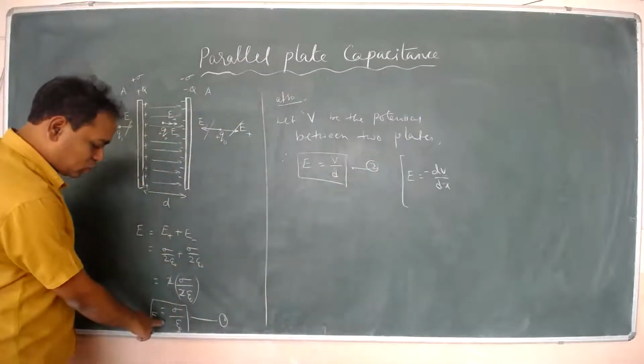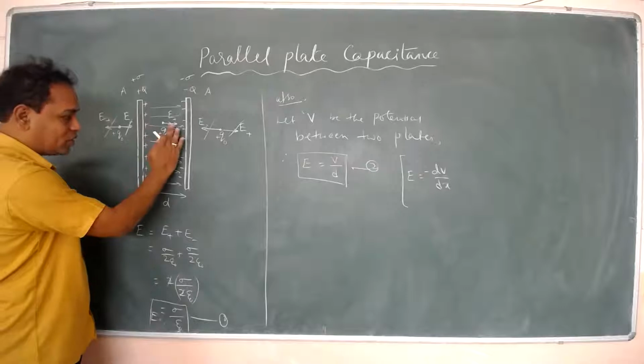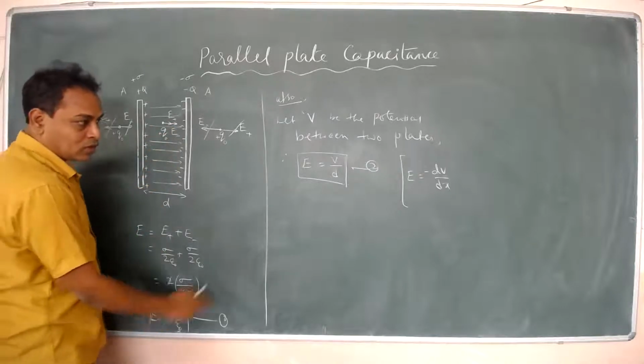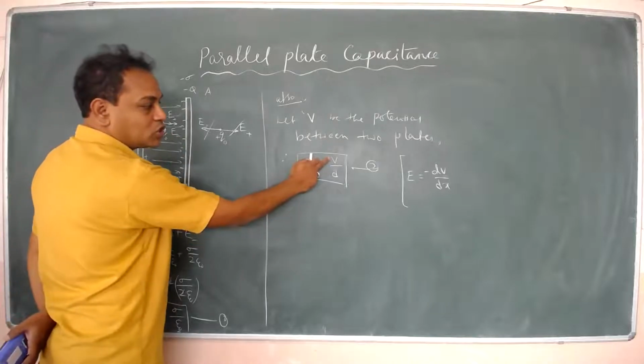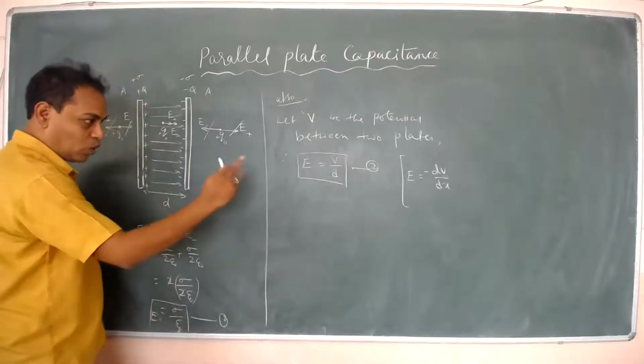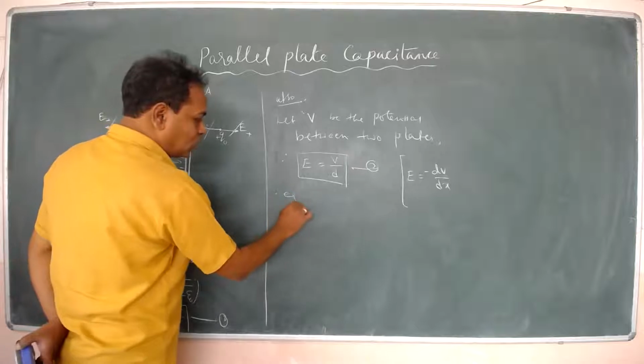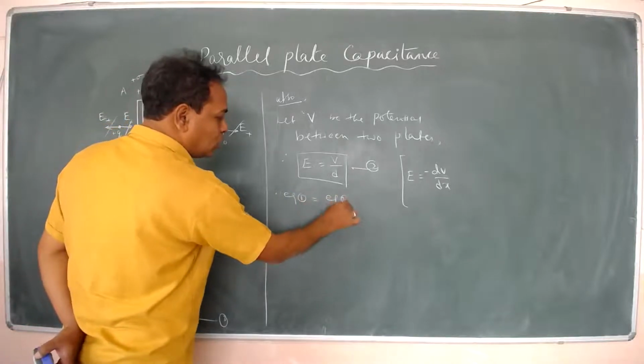This is the electric field between the two plates in terms of charge density. This is also the electric field expression between the two plates in terms of potential and distance. Both are equal. Therefore, equation 1 is equal to equation 2.